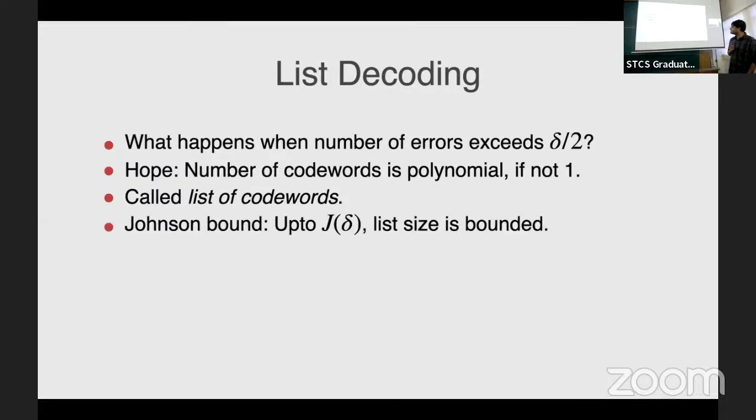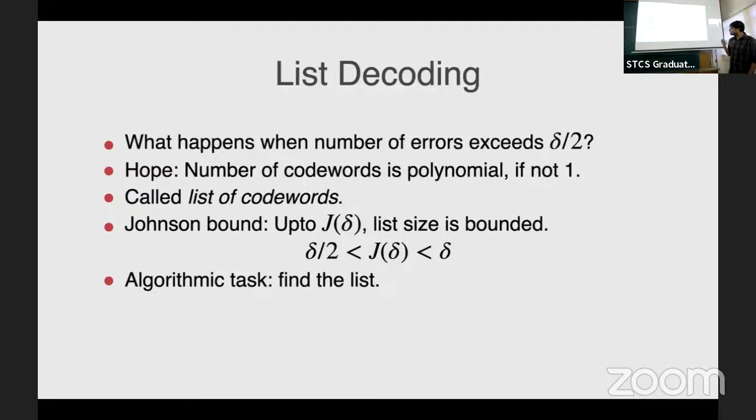What the classical Johnson bound says is that there exists a function J(delta), which depends only on the distance, such that if the number of errors is up to J(delta), then this list size is bounded. Up to delta over 2, of course, this is true, so J(delta) has to be at least delta over 2. And it's always true that J(delta) is strictly between delta over 2 and delta. So there's always something non-trivial you can say.